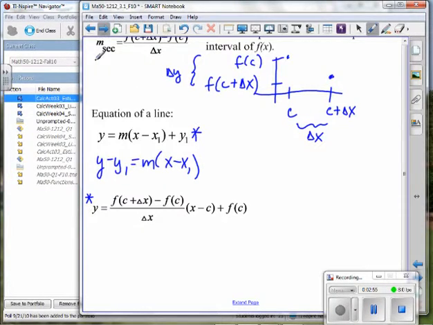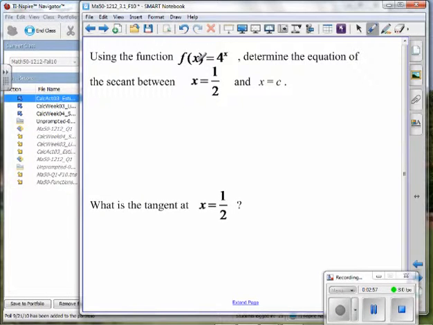Let's go on. Using the function f of x equals 4 to the x, determine the equation of the secant between x equaling 1/2 and then some other point. I'm going to tell you what that other point is. We're going to let c be x plus delta x.